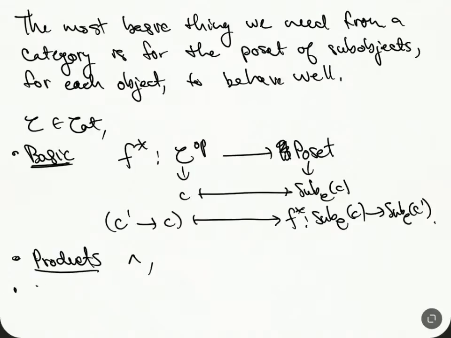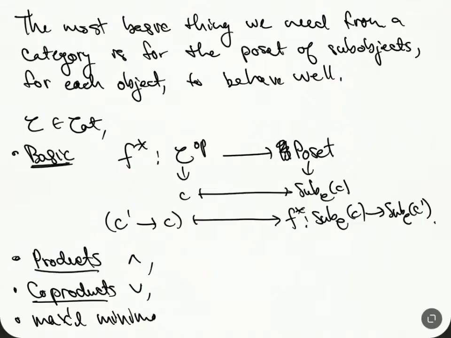The coproducts, we'll have this, and then we want maximal and minimal subobjects. These will correspond to true and false. These are kind of like initial objects of categories. And okay, we'll just keep on imposing structures.